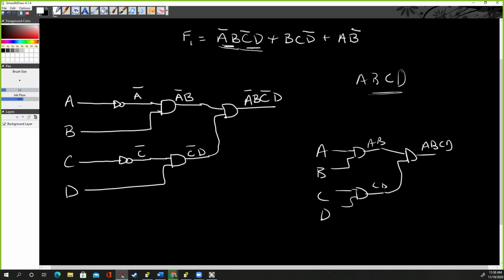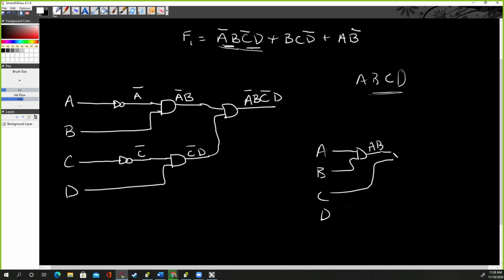But that's not the only way. There we go. There's other ways. Here's one right here. You could go A and B, and then you could put in the C one at a time now. See?